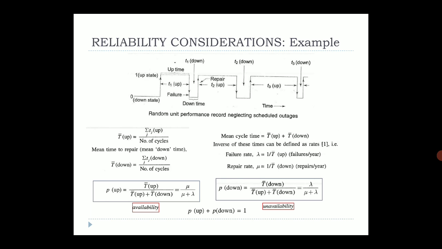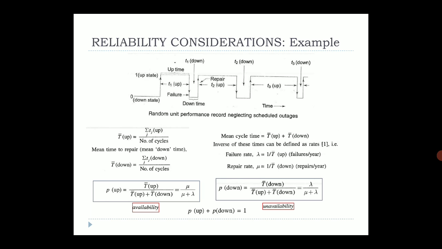Now there is also the probability of whether the generator will be up or down. This probability is given by P. Probability of up is called the availability of the generator, and probability of down is called the unavailability of the generator.